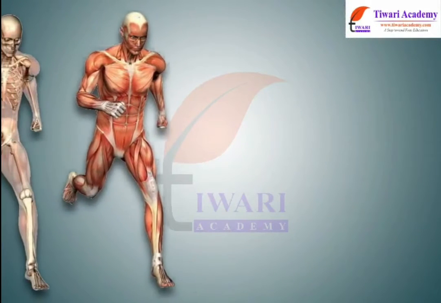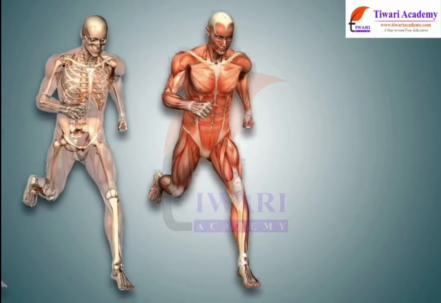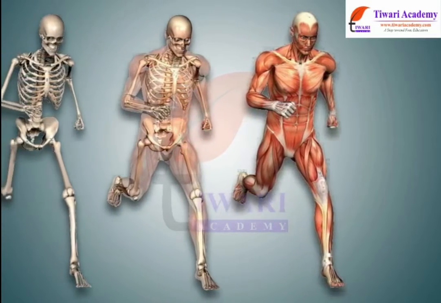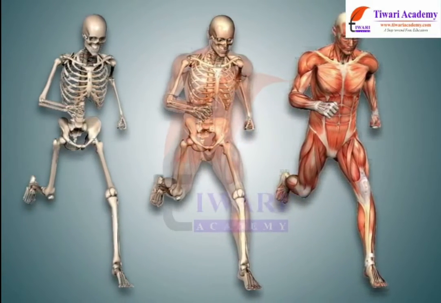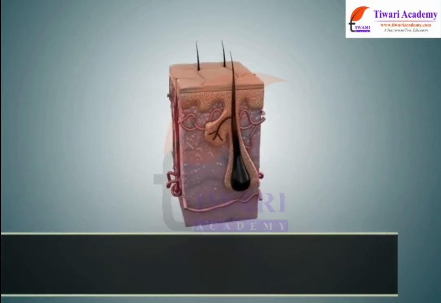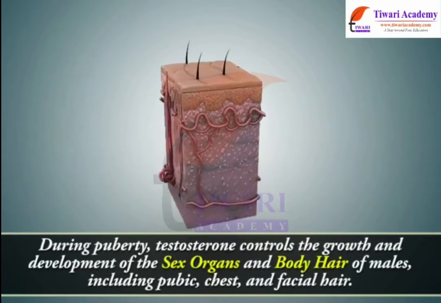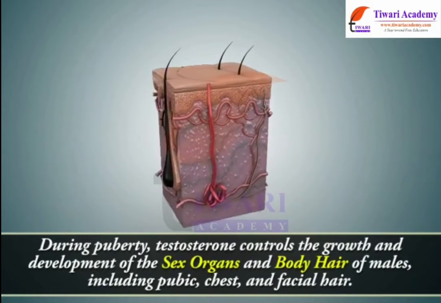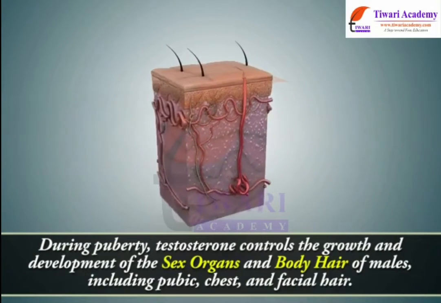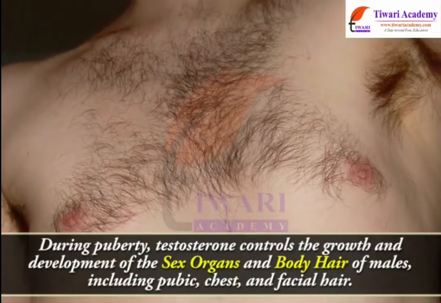This hormone causes growth and increase in strength of the bones and muscles, including the accelerated growth of long bones during adolescence. During puberty, testosterone controls the growth and development of the sex organs and body hair of males, including pubic, chest, and facial hair.